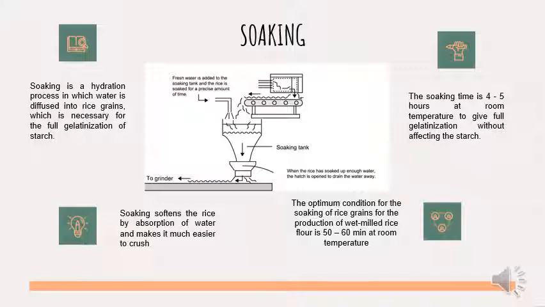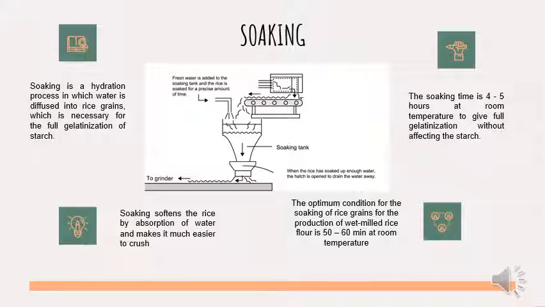In this process, there was no special machine for rice soaking. The process was done in a simple tank that was only filled with water. But several experiments have been run on the effect of soaking conditions on rice.